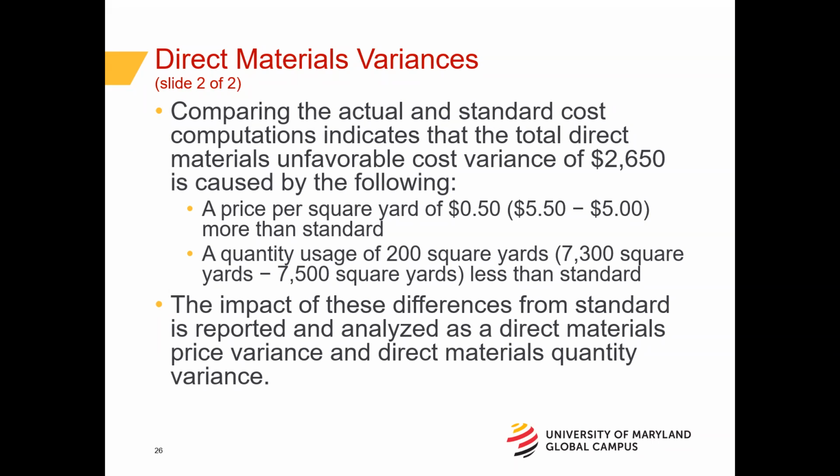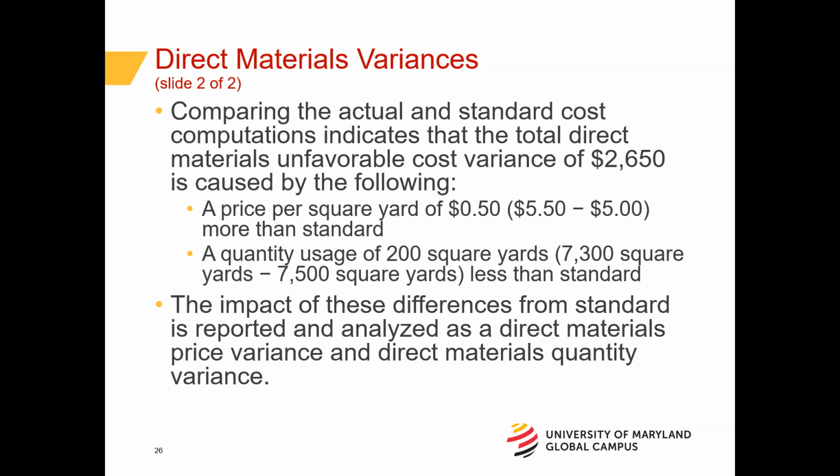It looks like we paid an additional 50 cents per square yard of jean material. Why did that happen, you might be asking? Maybe our supplier charged us 50 cents more per square yard because of the change in economic conditions or the change in supply.